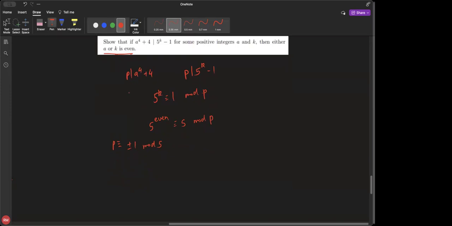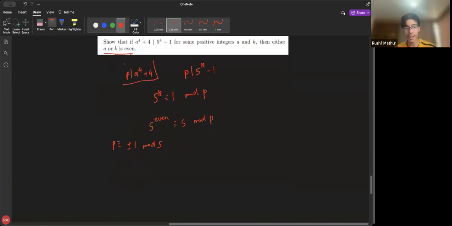Okay, so basically, if p divides a to the 4 plus 4, then p must be plus minus 1 mod 5, which is pretty crazy. And also, for example, 5 cannot divide a to the 4 plus 4, because then 5 doesn't divide this.